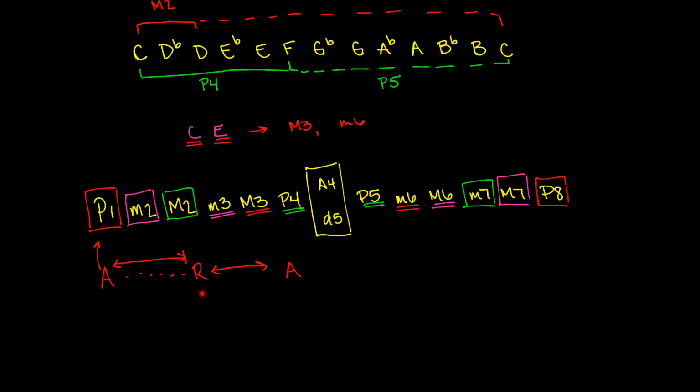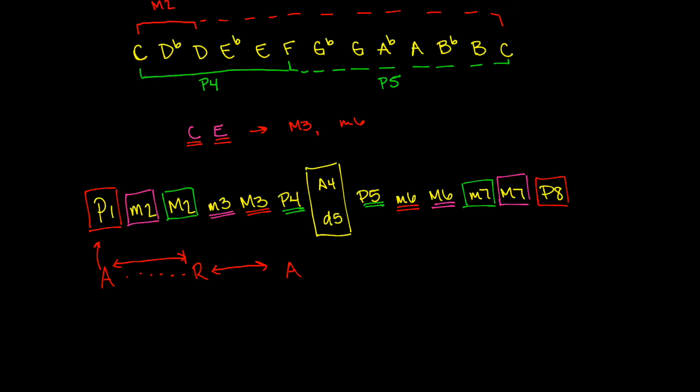So A up to whatever note, this could be B, C, G, whatever, and then that note going to A, it's not going to be the same distance. Absolutely not. It will not be the same distance unless it happens to be an augmented fourth or diminished fifth, but it's going to be the remainder of our scale, essentially. So you could see that here we had a perfect fourth, and what was the remainder of our scale? A perfect fifth. Here we had a major second. What was the remainder of our scale? It's going to be a minor seventh.